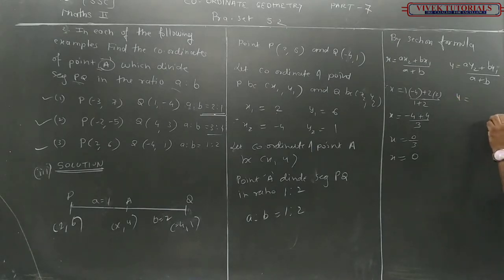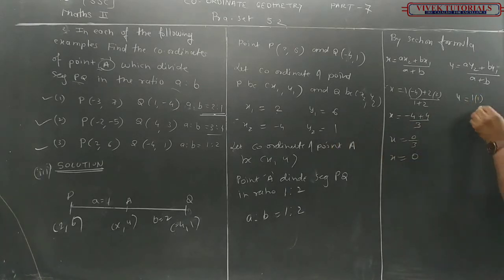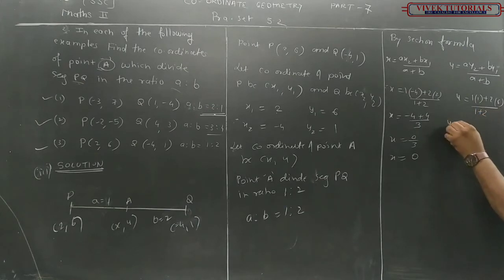And y is equal to: the value of a is 1, the value of y2 is also 1, the value of b is 2, its y1 value is 6, upon 1 plus 2.